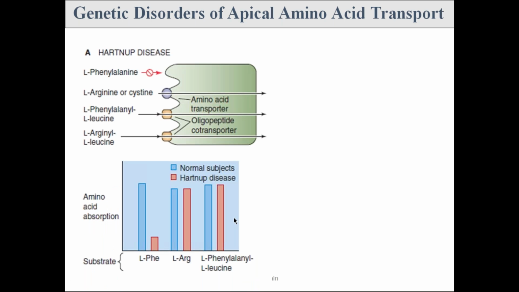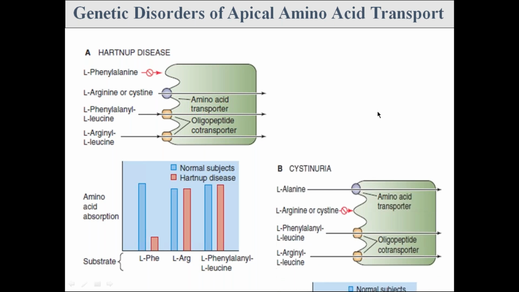This is showing you what happens in Hartnup disease. In normal subjects, the amino acid absorption is normal, but in Hartnup disease, there is a specific transporter which is not present for phenylalanine, and this shows that there are separate sets of transporters for different kinds of amino acids also.